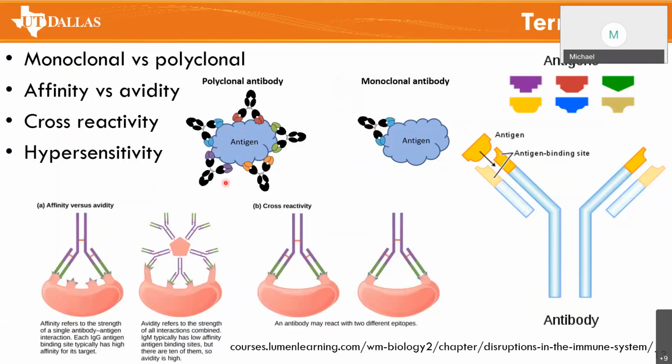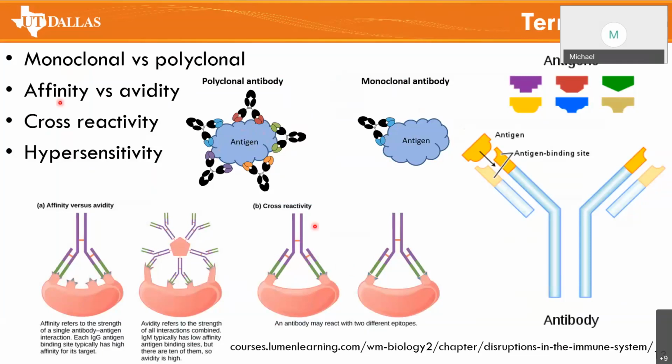Now, polyclonal antibodies are produced by several different B cells, and they can bind to different areas. They're easier to produce, and these can have a lot of cross-reactivity between different antigens. Cross-reactivity just means that it can either react to different epitopes in the same pathogen, or it can cross-react between different pathogens with similar structures.